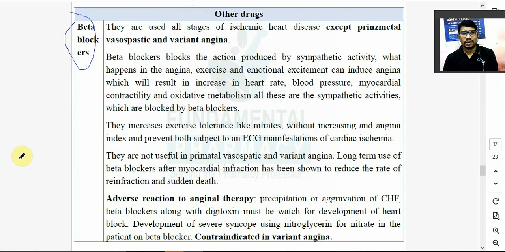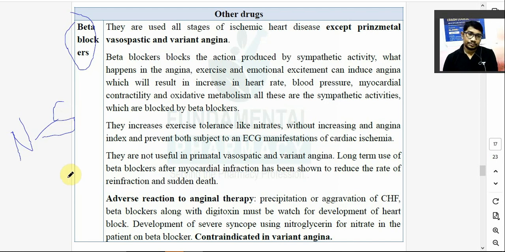Remember, nitrates are vasodilators. Nitrates are used for symptomatic relief. They are used for relief of the symptoms of angina and chest pain in an acute condition. Nitrates are used for relieving the symptoms of angina pain in the acute attack.